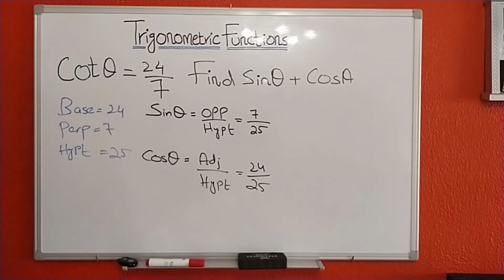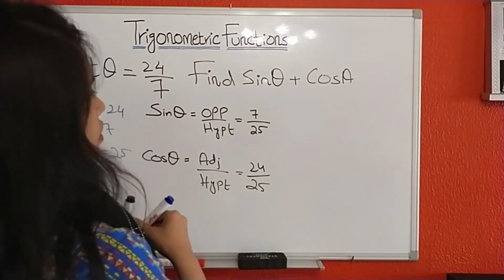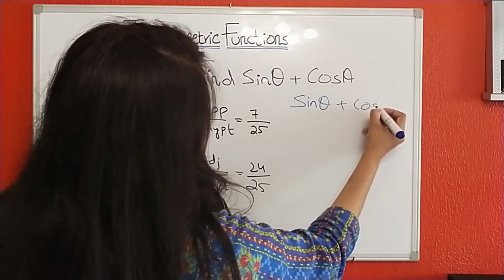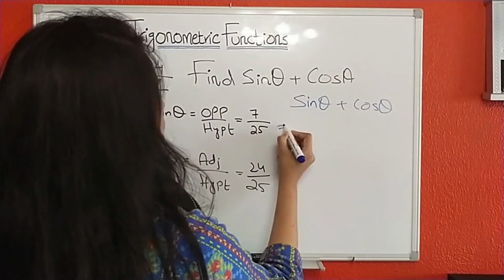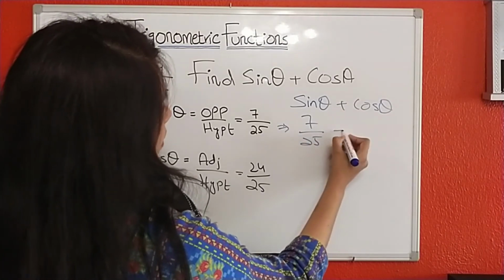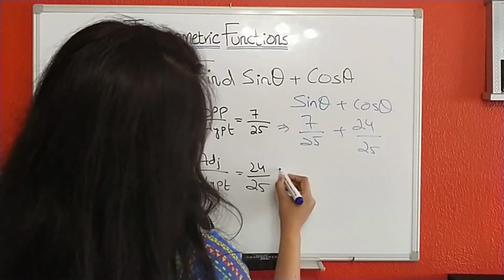Okay, now I have to find the value of sine theta plus cos theta. So the value of sine theta is 7 over 25 plus the value of cos theta, which is 24 over 25.